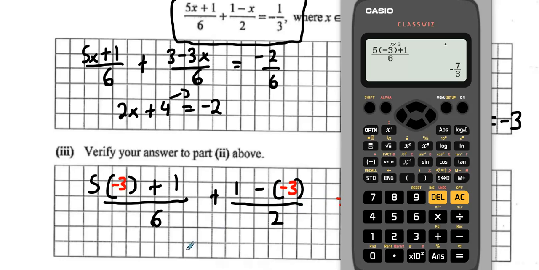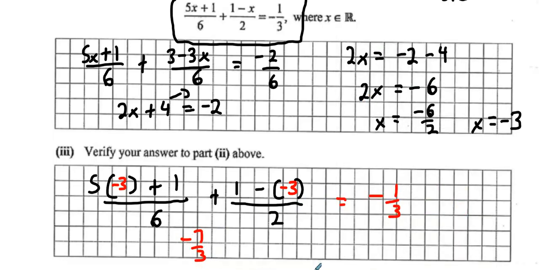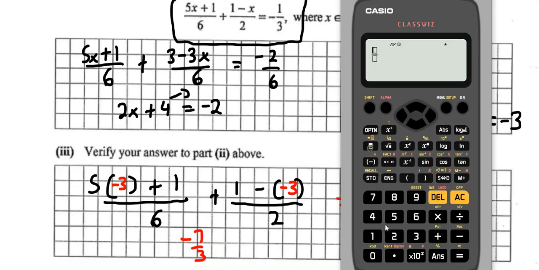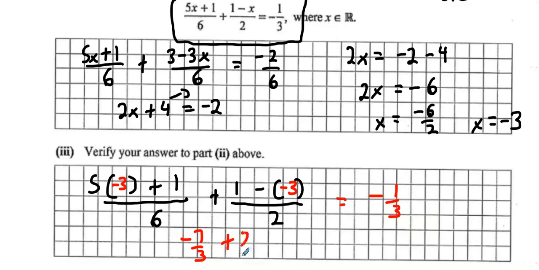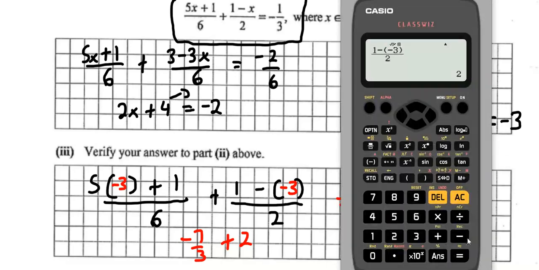So there's minus 7 over 3 right there, and then the other one, plus 2, and then put both of them into your calculator.